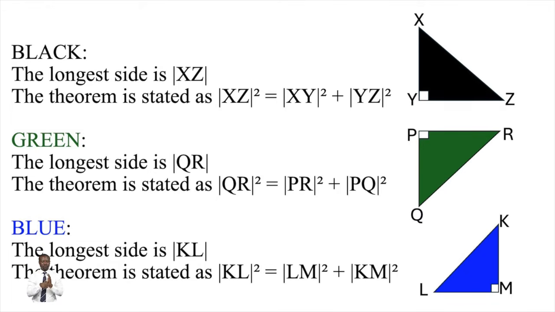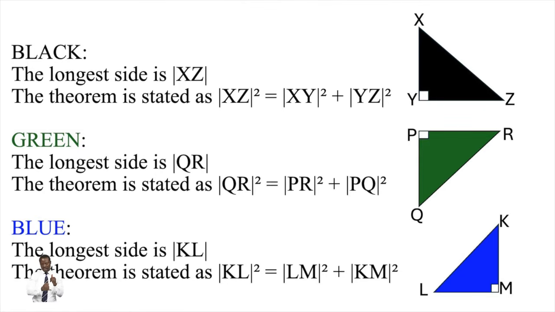For the green triangle, the longest side is QR. The Pythagorean theorem is stated as QR squared is equal to PR squared plus PQ squared.